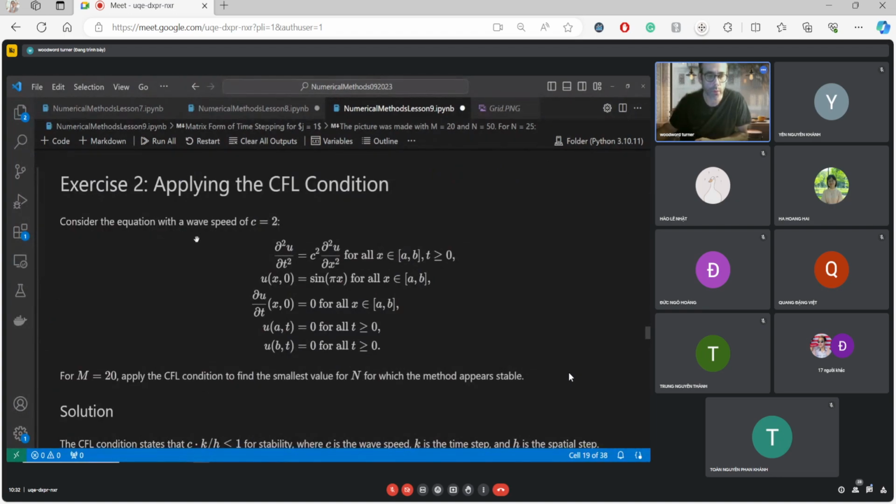If we want to write it in matrix form, then we can write it like this: A yj minus yj minus 1, plus sigma squared sj, where sj holds the conditions at the boundaries. So this is a really concise form.